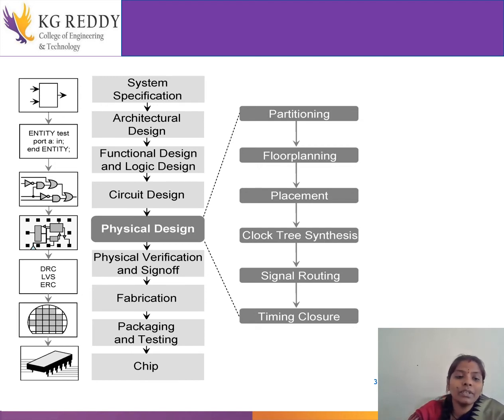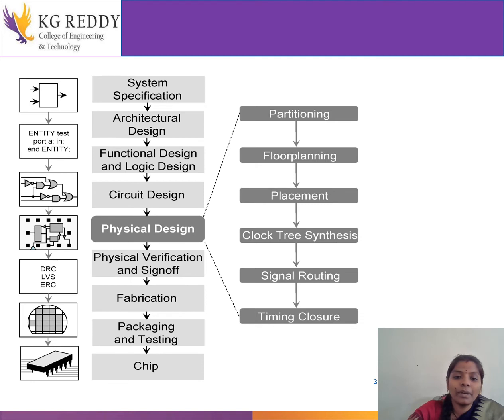And finally, what we do here, we are fabricating the complete architecture, and then we go for the packing and testing. As in previous classes, we said packing could be done in different manners. So after packing, we go for design for test. Okay, DFT, design for test.